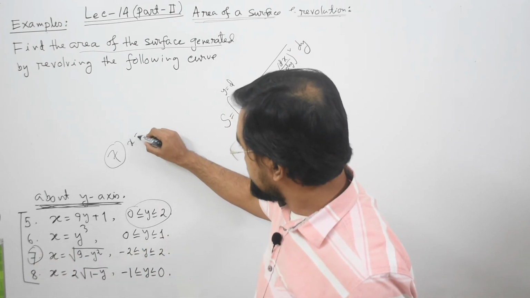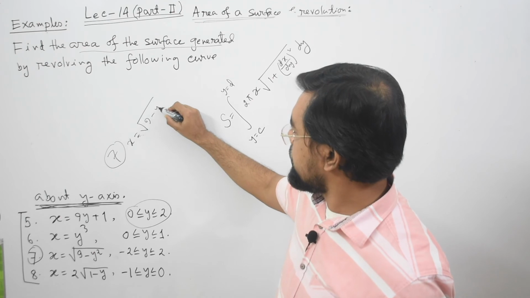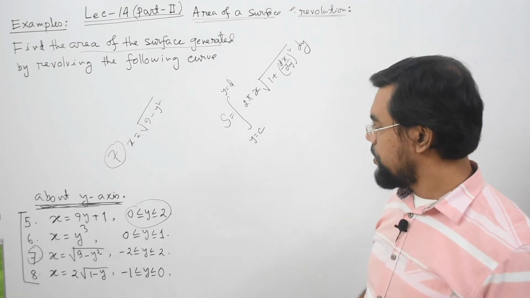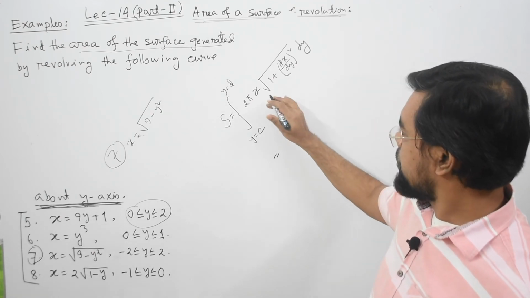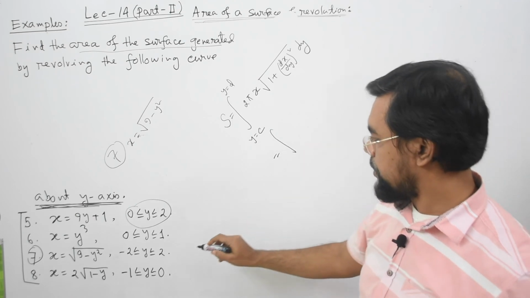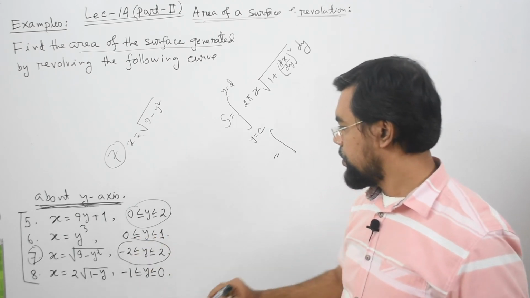Here we are given x equals root 9 minus y squared, and the limit of integration is from minus 2 to 2.